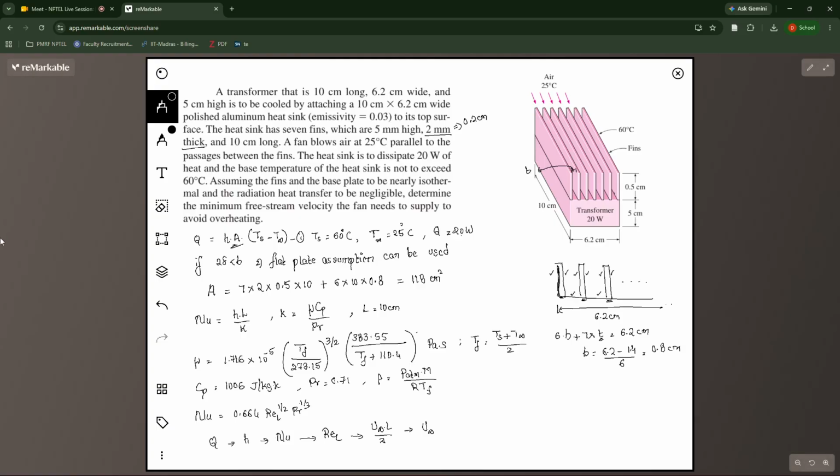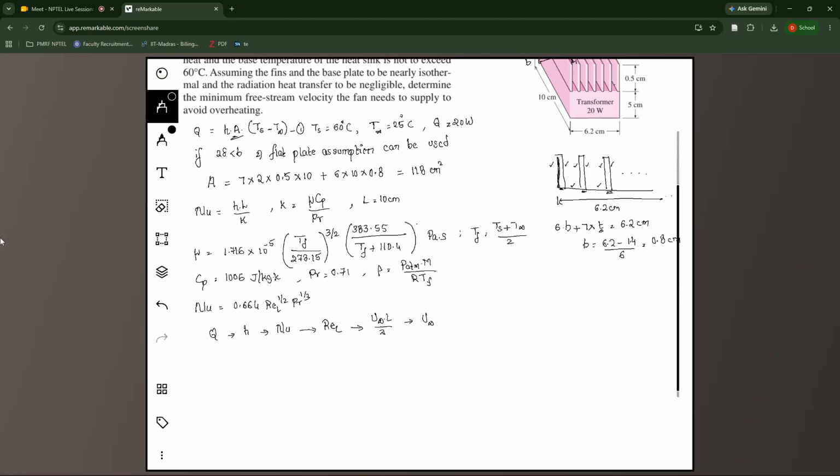Were you able to calculate the heat transfer coefficient first? So from the first step, Q is given as 20 watt. Once I substitute that into this equation, I got h value to be around 48.426 watt per meter square Kelvin.